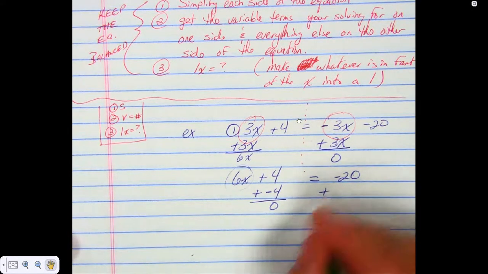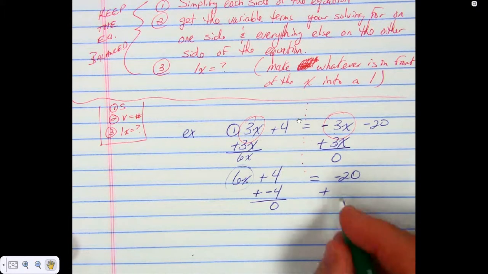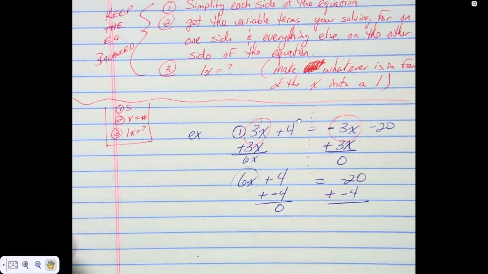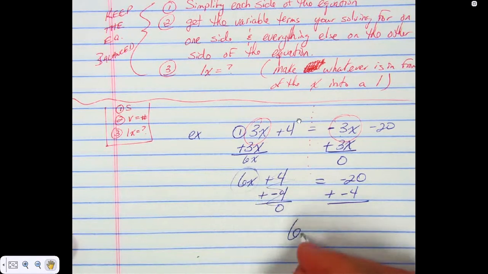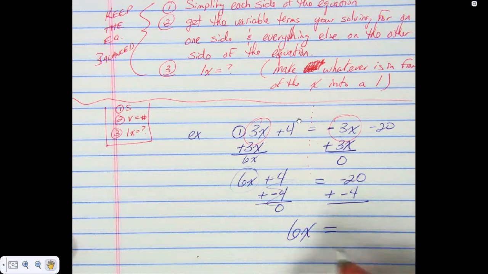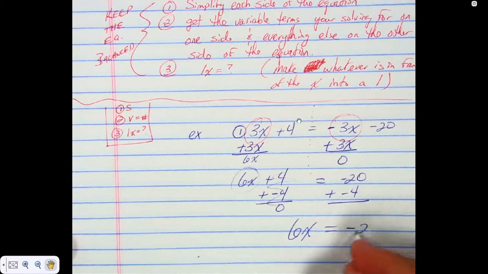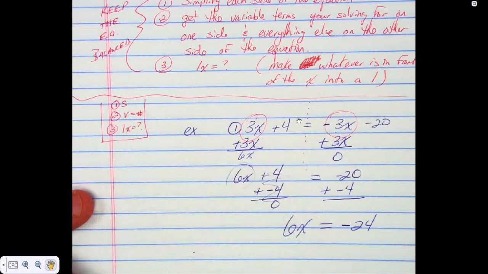Add a negative 4 to the other side. Remember, adding a negative 4 is the same thing as subtracting 4. What am I left with on the left side now? That adds to 0, leaving 6x plus 0, which is just a plain old 6x, equal to negative 20 plus a negative 4, which is negative 24.